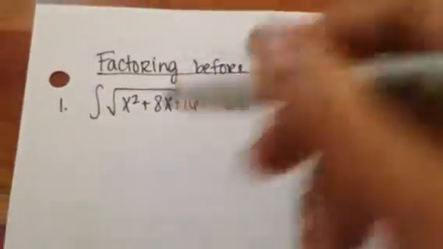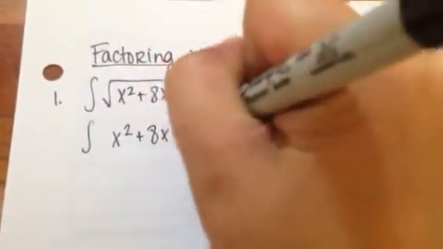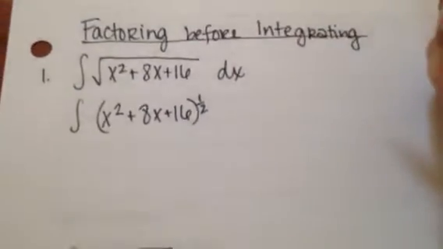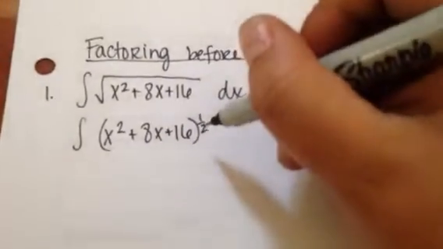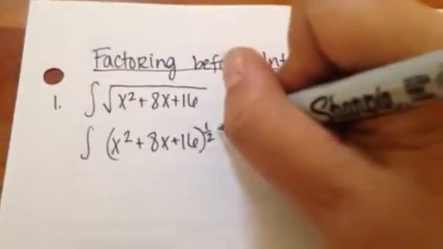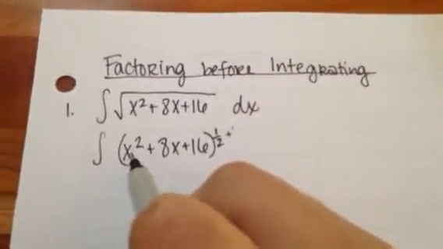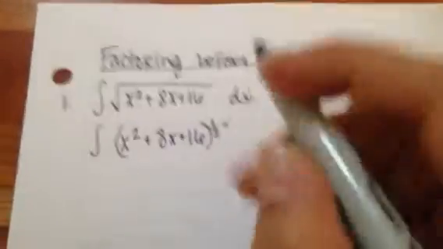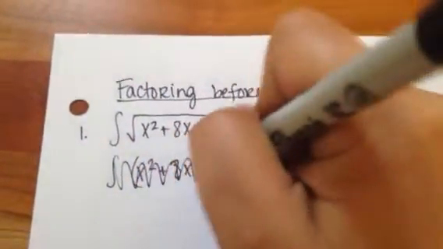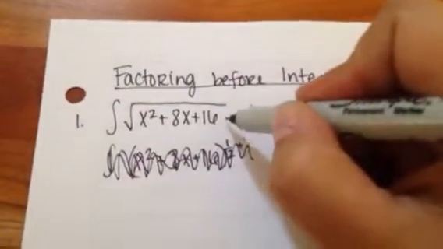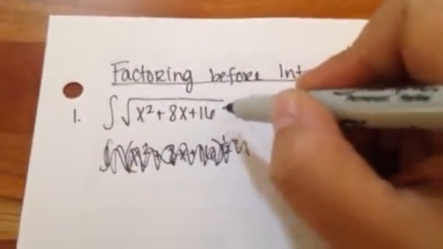And right now, if I think about rewriting this as the integral of x squared plus 8x plus 16 as a quantity to the 1/2 power, I'm going to have to do a lot of reverse chain rule stuff to integrate this. I could add 1 to this exponent and all of that, but then I'd have to divide by whatever the antiderivative of this is, and it would just get really, really messy. So one trick that you can use is very often you're able to factor the quantity that's under the square root.